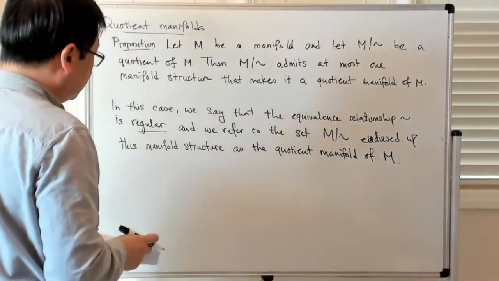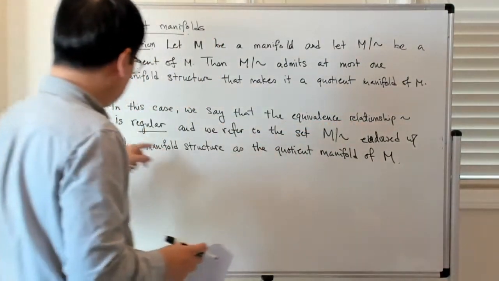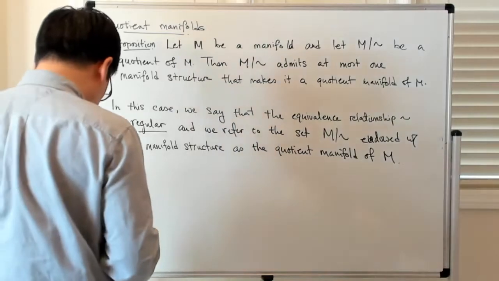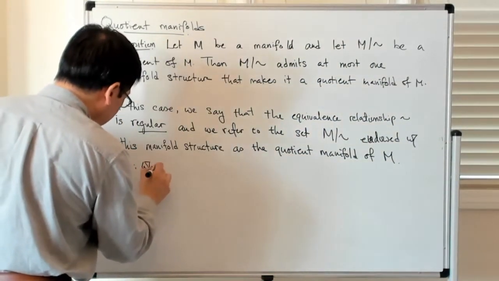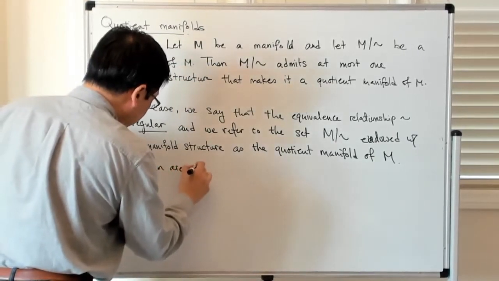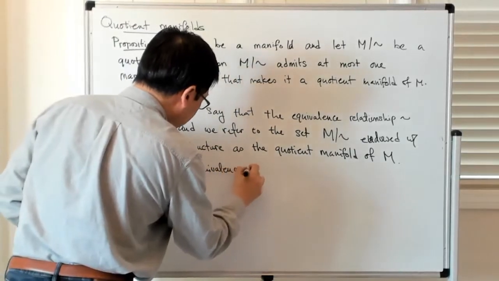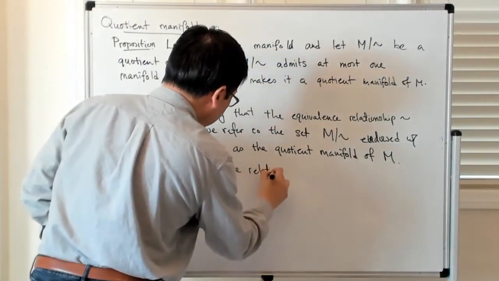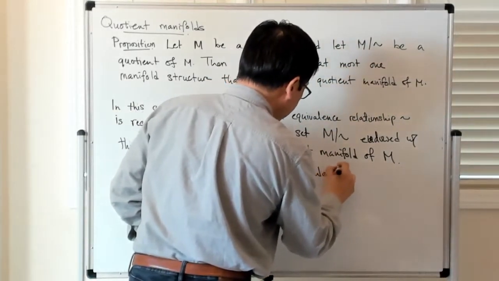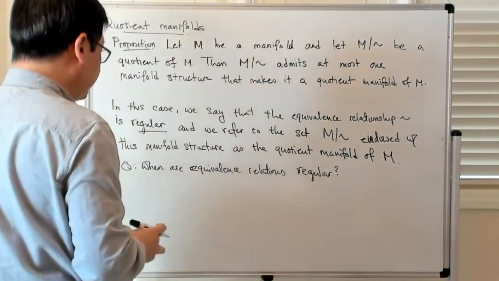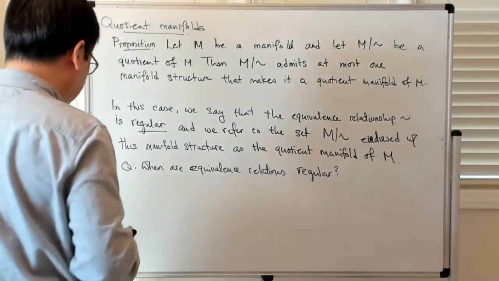So now it would be helpful to actually characterize when equivalence relationships are regular. So the question: when are equivalence relations regular? And the way you can do this is to look at what is known as the graph of the equivalence relation.